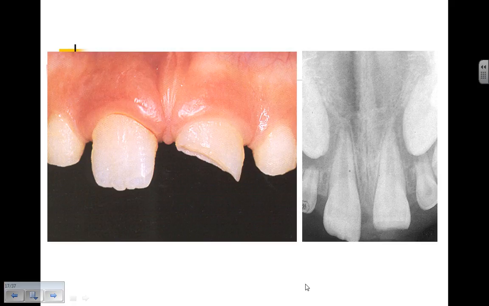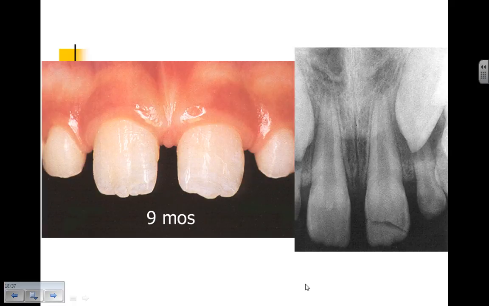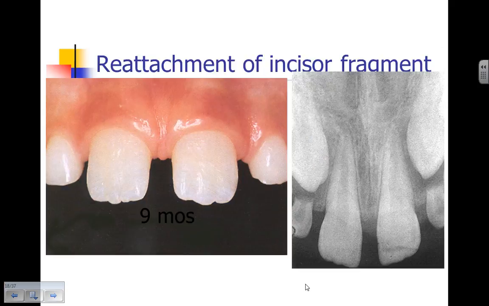The segment of the tooth was tried in after we did our full assessment of the periodontium, the pulp, and the soft tissues, looking for facial lacerations. As you can imagine, it's much more difficult managing a child who has had a traumatic injury. At 9 months, when we rebonded the segment back on, it was still in place. You can see that segment at 9 months.